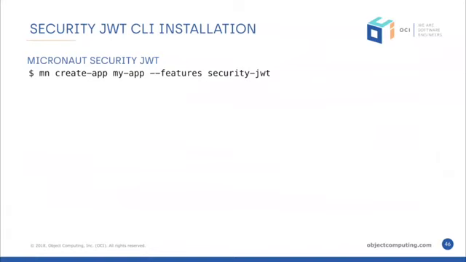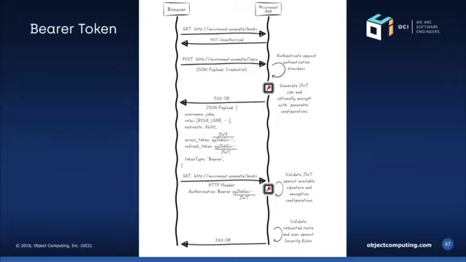Or if you are using the command line interface, you can go with feature security-jwt. This will be the typical flow where you supply a JWT token as an authorization header with Bearer prefix.